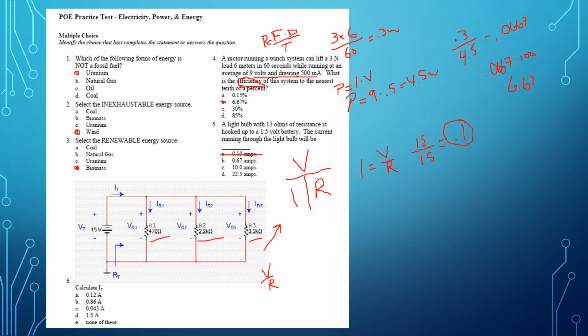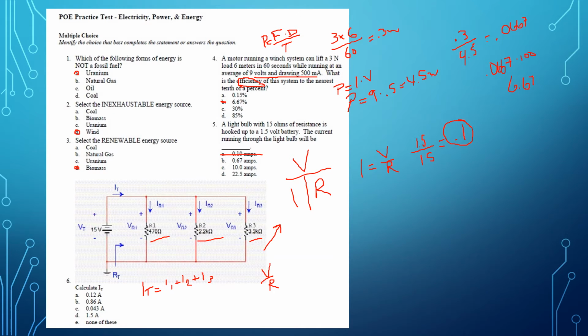So in this parallel circuit, total current is going to be equal to the current going across resistor 1 plus the current going across resistor 2 plus the current going across resistor 3.